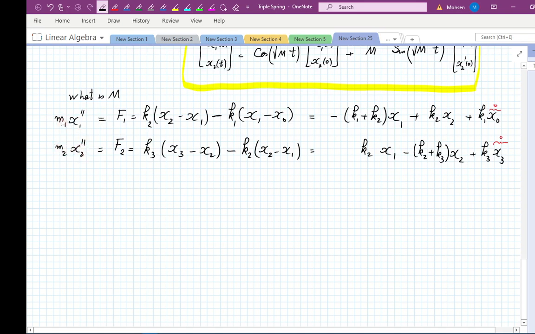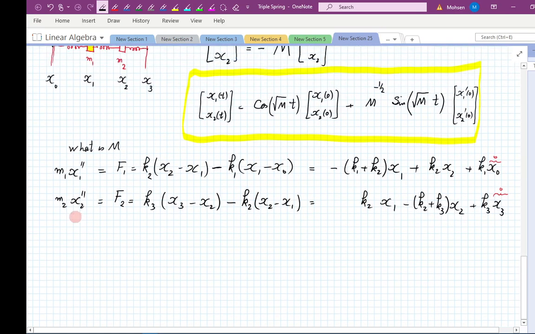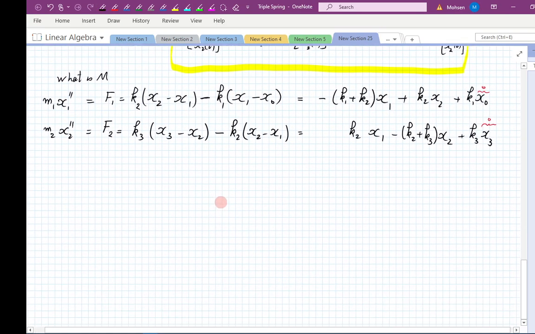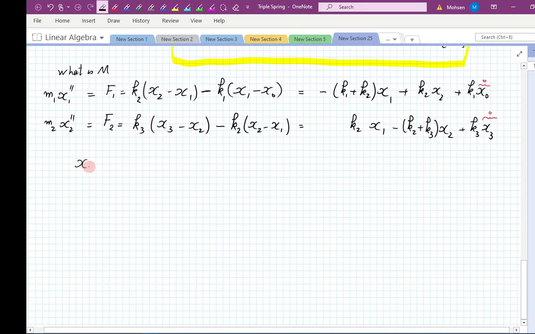So I'm going to go ahead now, divide by m1, and also this item at the end. X1 double prime becomes minus K1 plus K2 over m1 times x1 plus K2 over m1 times x2, and that, we said, for simplicity we are setting equal to 0.